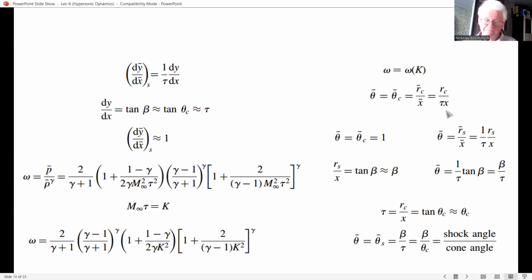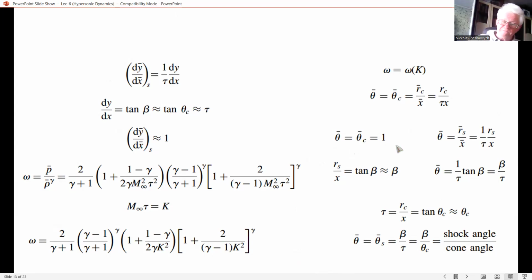However, from the picture, it is precisely tau. And thus, from the preceding equation, at the body theta average, the same as theta sub c over tau, must be equal to 1.